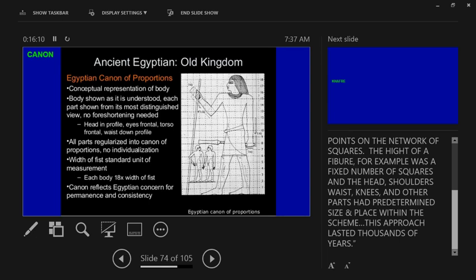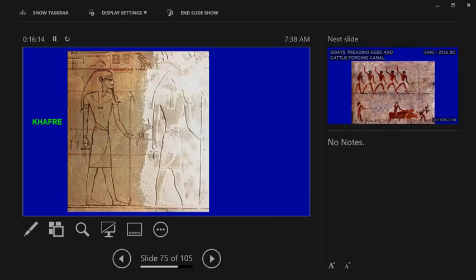This approach lasted thousands of years. And you can see it in partially finished artworks, like this figure right here and this one next to it are not quite complete. So you can see how they painted, what their first step was, what their second step was, and so on.